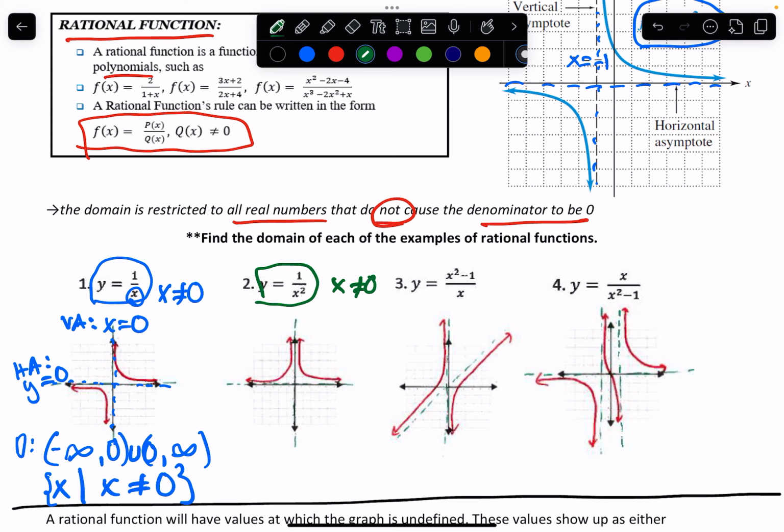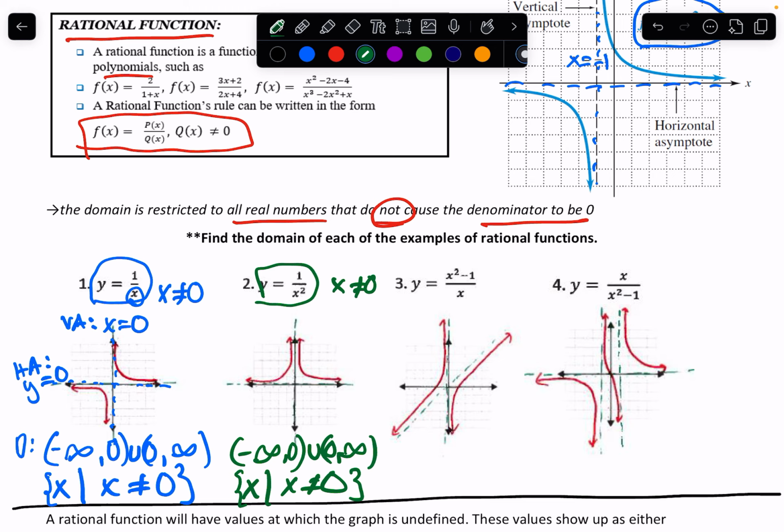So our domain again would be from negative infinity to 0 or 0 to infinity. And 0 is not included, so everything's inside parentheses. And then we can write it as, as I said, x such that x does not equal 0, and close the braces.